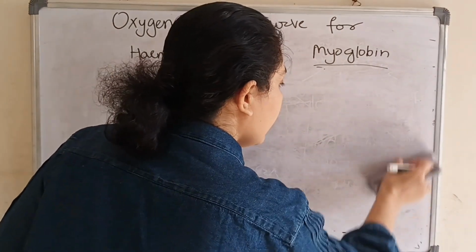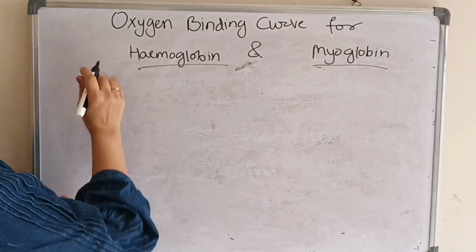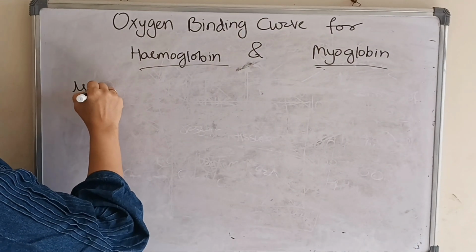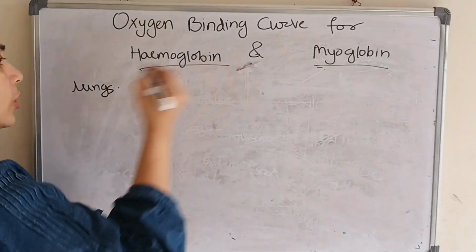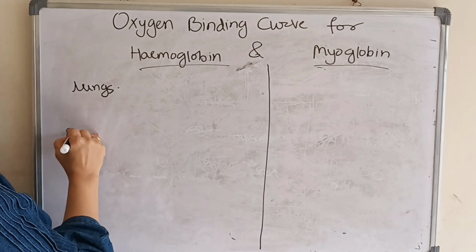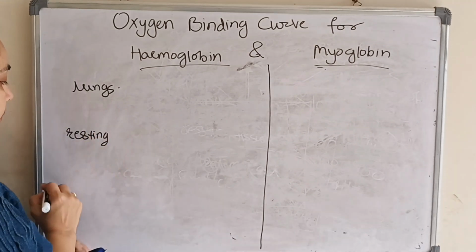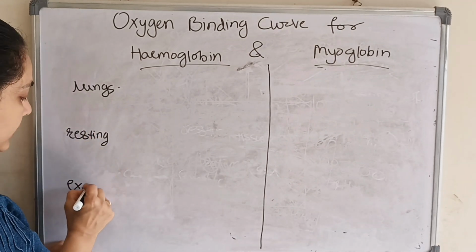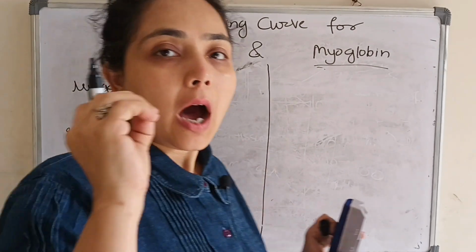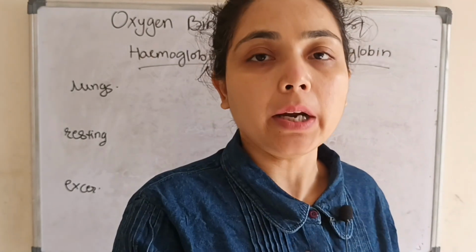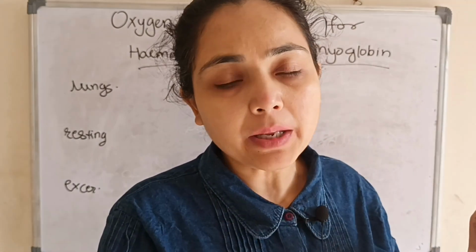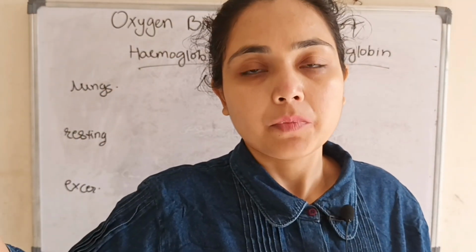Again, we'll see the partial pressure in the lungs for hemoglobin and myoglobin, resting tissue and exercising tissue. We will see how much oxygen will be unloaded under various partial pressures by hemoglobin and myoglobin, and then we will see the graph.